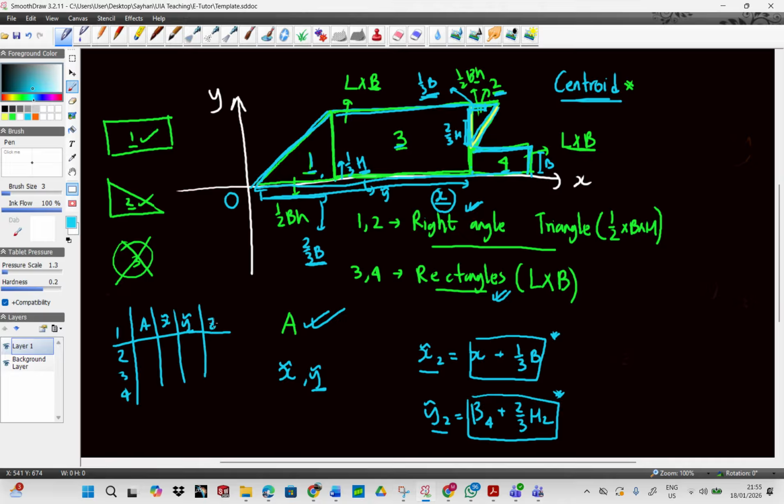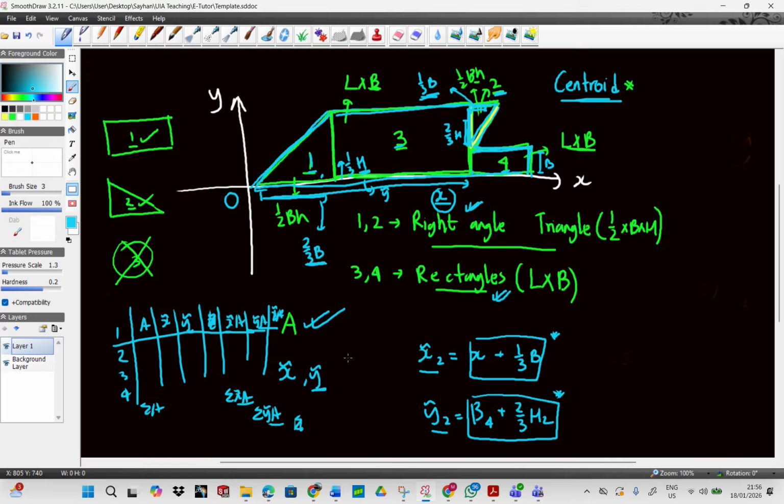Then you can easily find your x tilde a, your y tilde a. You multiply x tilde with the area itself, and so on. Then you can find your summation a, summation x tilde a, summation y tilde a. There's no z actually because it's 2D. My mistake, sorry guys. It's your x and y only.